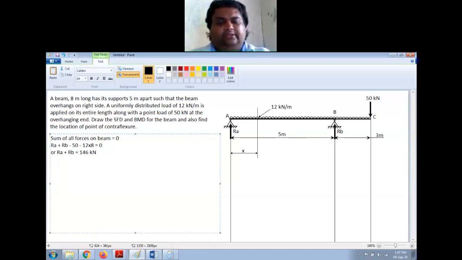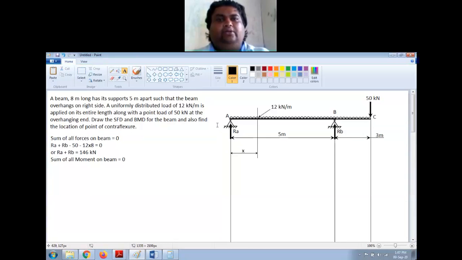That is the total force which is acting on the beam. Now I will take the second condition, sum of all moments on beam is equal to 0. Sigma M is equal to 0. Now I will take the bending moment about section A. So before that, let me draw the sign convention. I do it like this. First make a box with 4 cells.